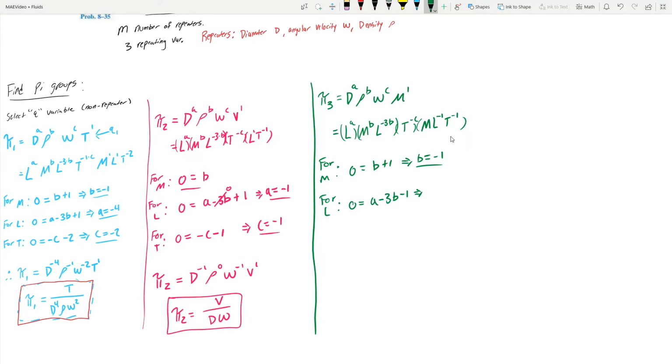So since b is negative 1, we get minus 3 times negative 1 minus 1. So if we solve that out, we get that a is equal to negative 2. And then for t, you get 0 is equal to negative c minus 1. So you get c is equal to negative 1.